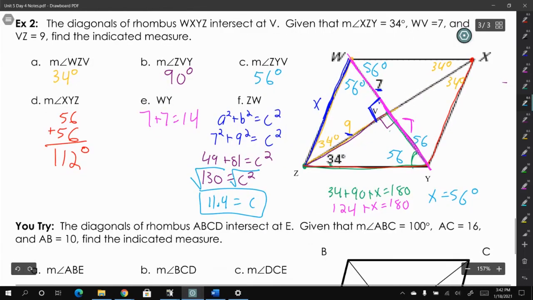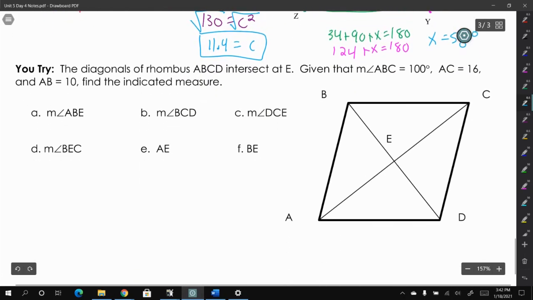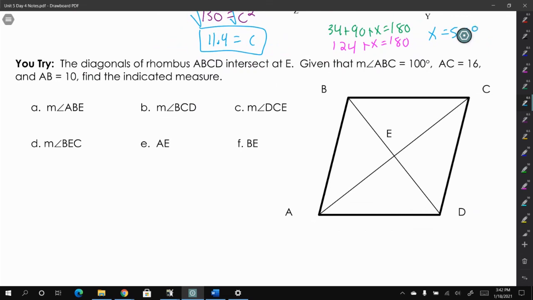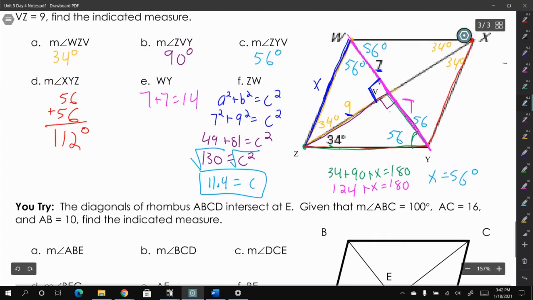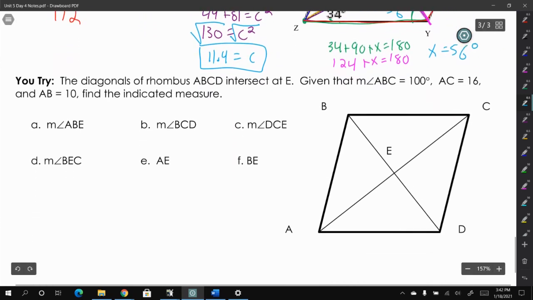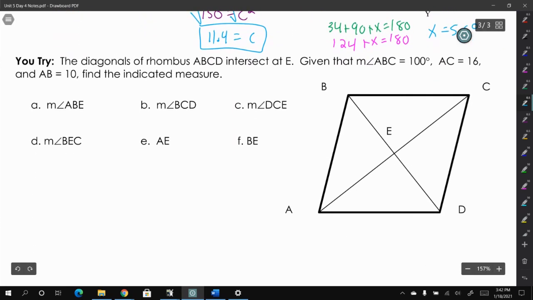So I want you guys to try this example down here. It's just like the one above. So pause the video. If you get stuck, you can even rewind a little bit and see how we did it up here. So pause the video, work on this, and then when you're done, unpause it so you can check answers.